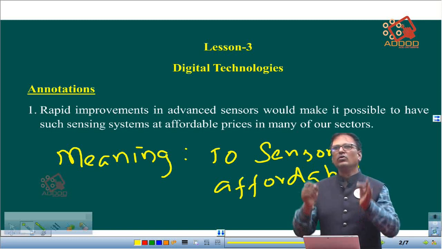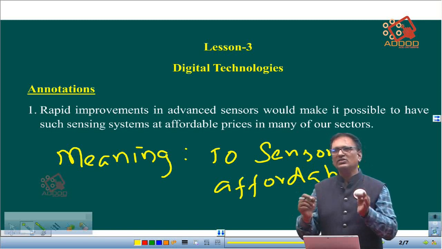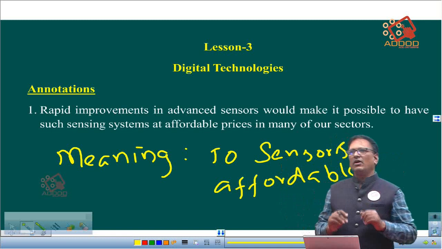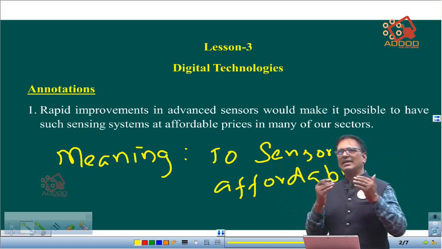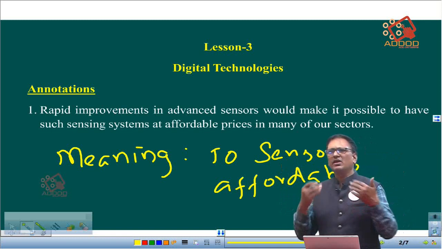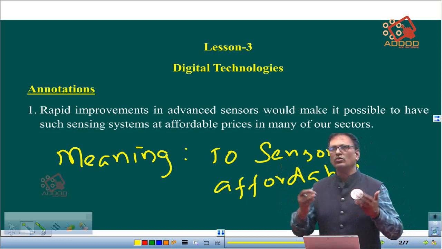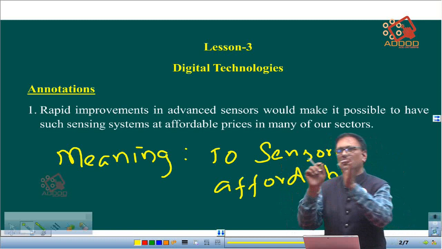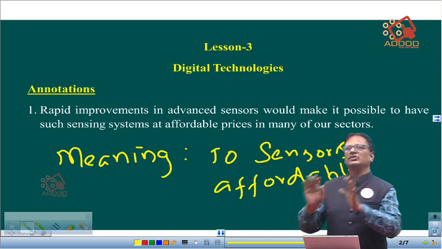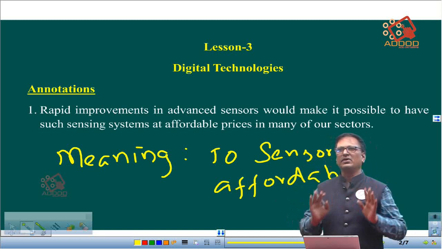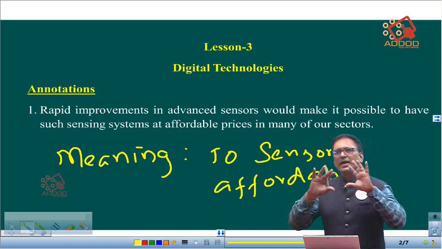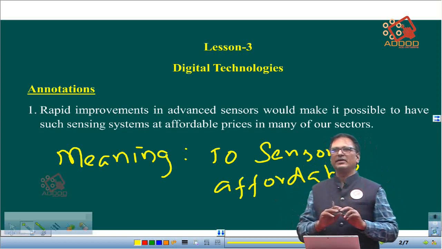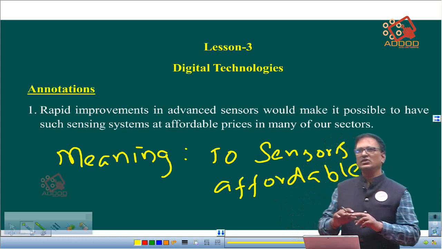A person who can adapt or change according to the situation and time. As long as a person can adapt and quickly get used to, means adapt or change according to the need, time, etc., such a person is called a dynamic person. Now, such dynamic technologies, here we are talking about ultimately. What does it mean, dynamic technology?